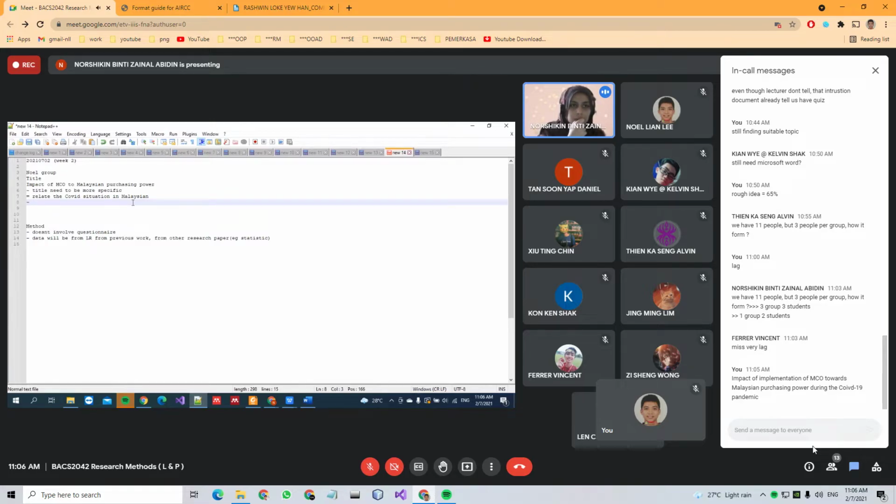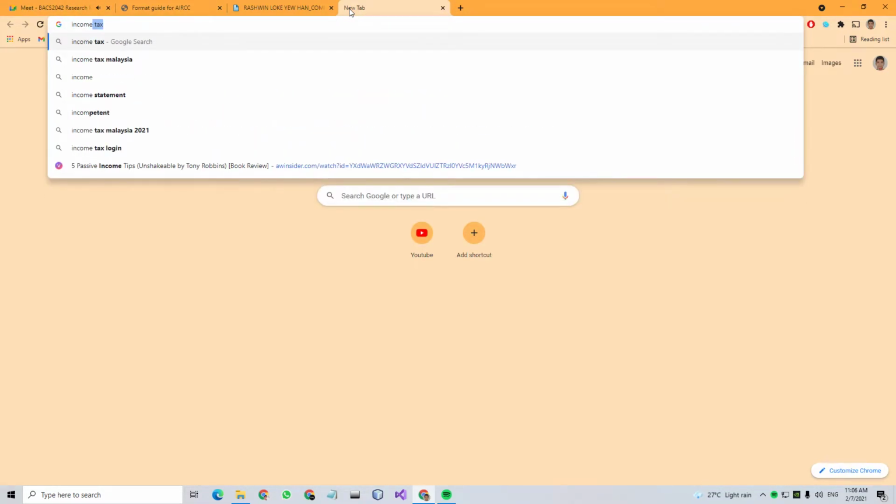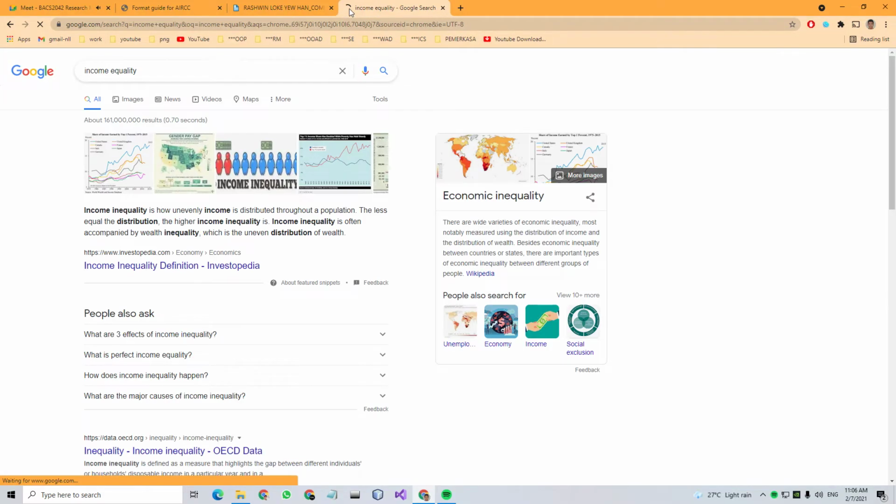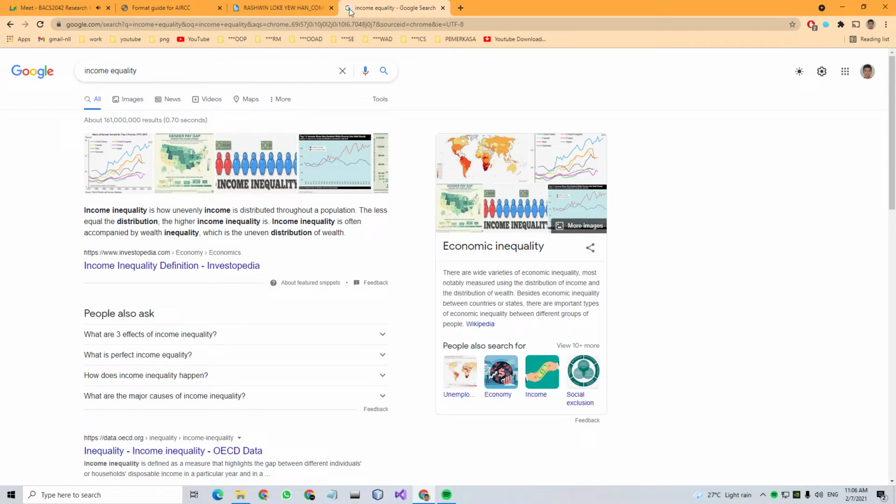So impact of MCO. The hypothesis is the impact of MCO on Malaysian purchasing power.